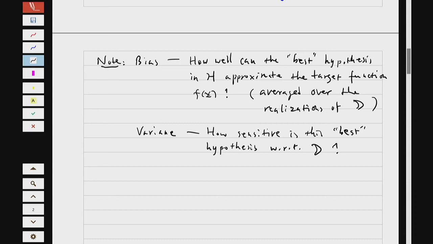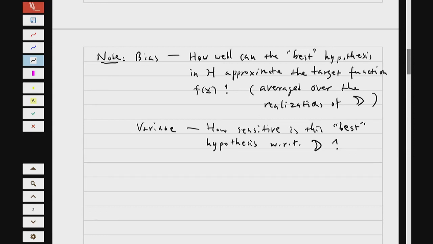And it turns out that the sum of these two gives you the test error.